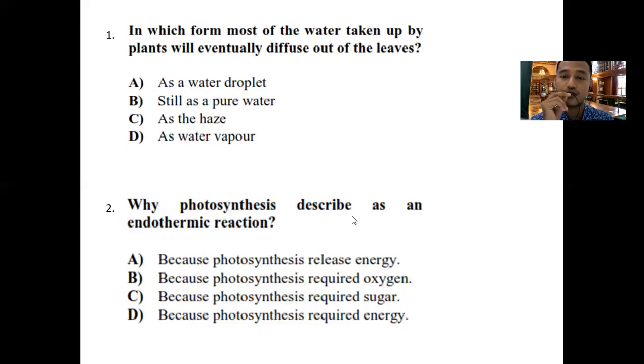The gas required is carbon dioxide. And it does not require sugar; glucose is the substance produced after the reactions in photosynthesis. The word equation for photosynthesis is carbon dioxide plus water produces sugar or glucose plus oxygen. So in this question, we call it endothermic because photosynthesis requires energy.